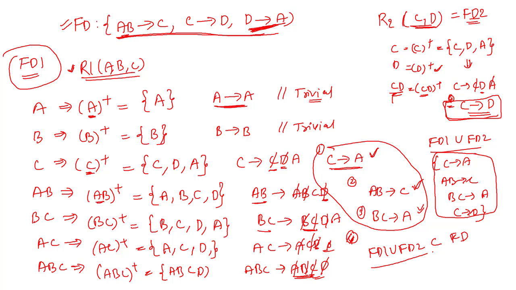So we can simply say the decomposition is not preserved. Fine. If I got FD1 union FD2 equal to FD, then we can say the decomposition is dependency preserved.